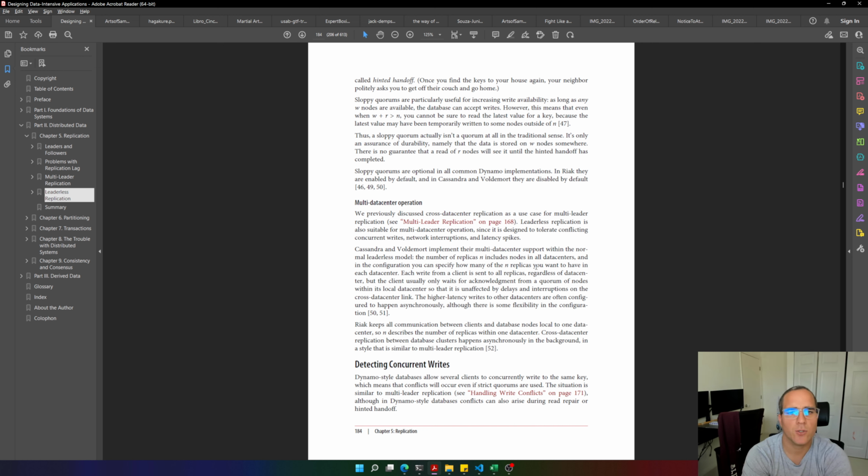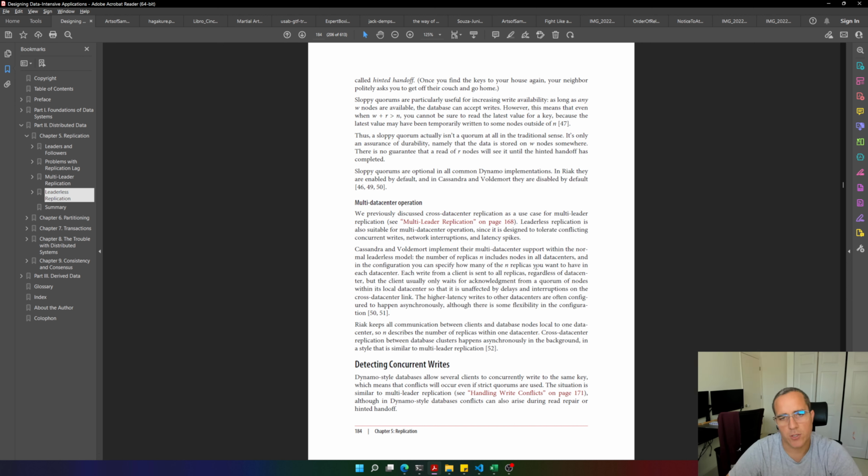It's only an assurance of durability, namely that the data is stored on w nodes somewhere. There is no guarantee that a read of r nodes will see it until the hinted handoff has completed. Sloppy quorums are optional in all common Dynamo implementations. In Riak, they are enabled by default, and in Cassandra and Voldemort, they are disabled by default.